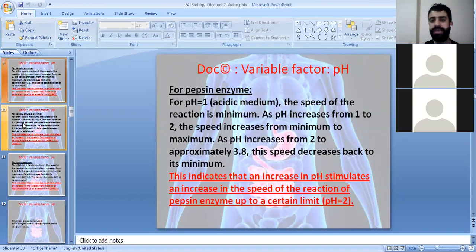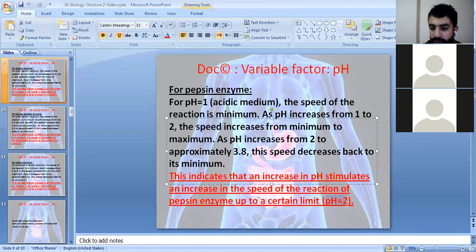As pH increases from 1 to 2, the speed increases from minimum to maximum. As pH increases from 2 to 3.8, the speed decreases back to its minimum. This indicates that an increase in pH stimulates an increase in the speed of the reaction, but only to a certain limit, which is pH equal to 2, where it was maximum.